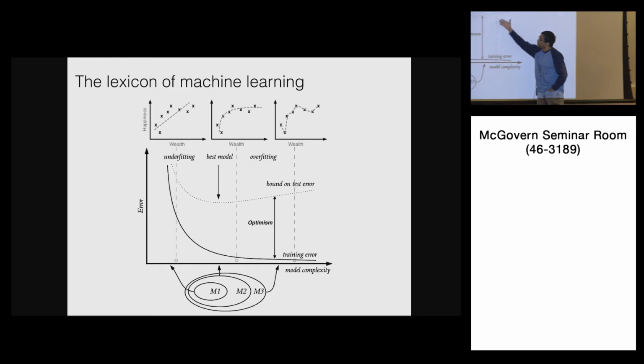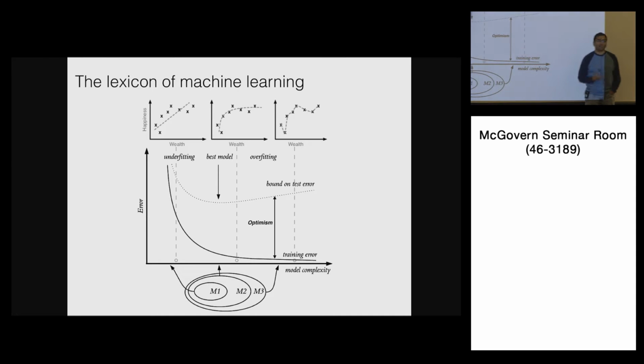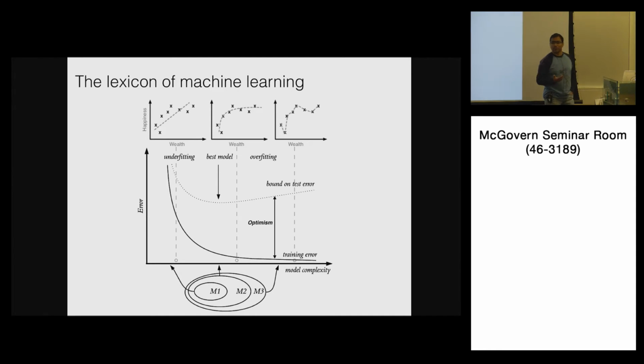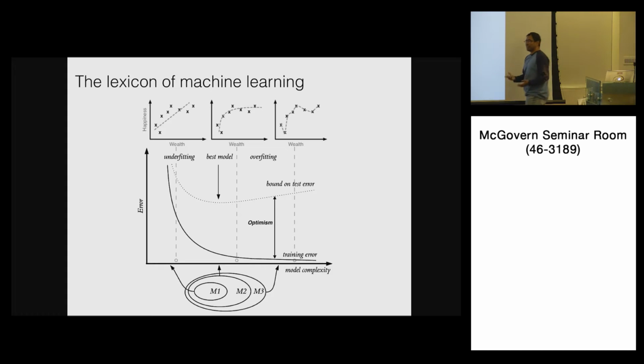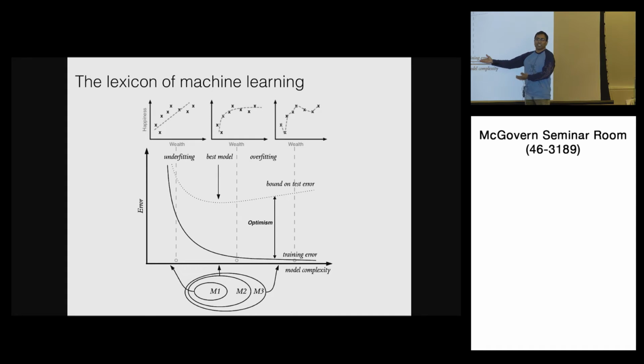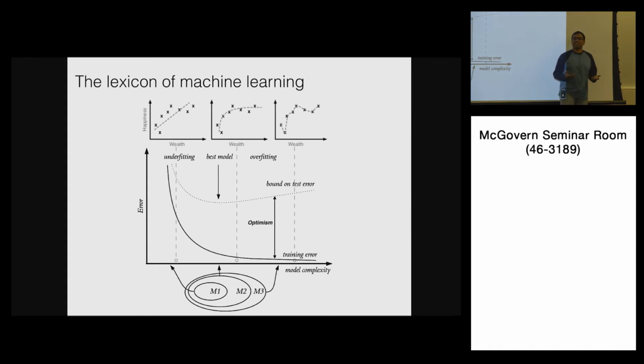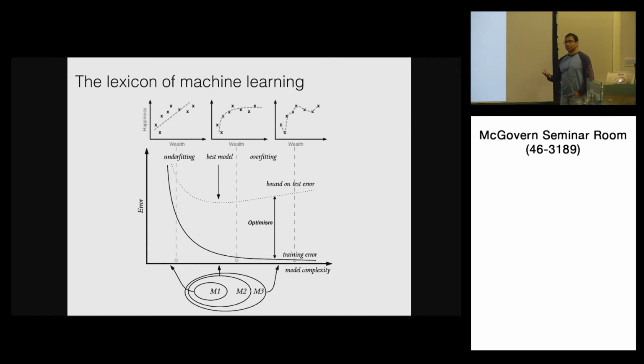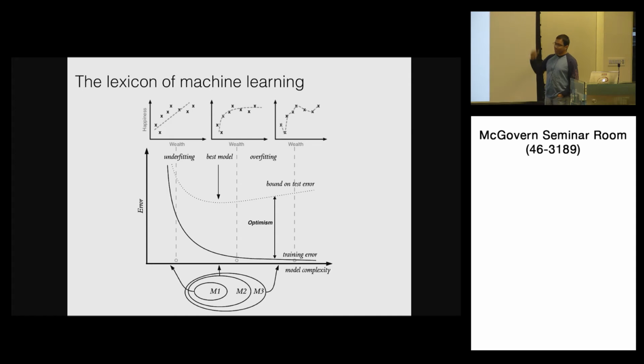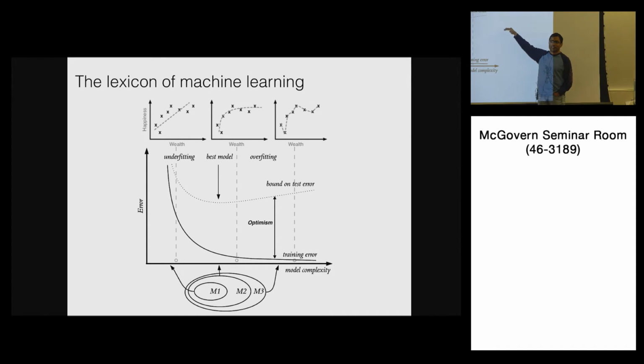This difference between training and test error is sometimes referred to as the optimism of the model, because if my model is telling me it's really good, it's being too optimistic when it really isn't. So one of the things to keep in mind is that you're always looking at how to minimize this test error. That's what you're trying to accomplish with your models.